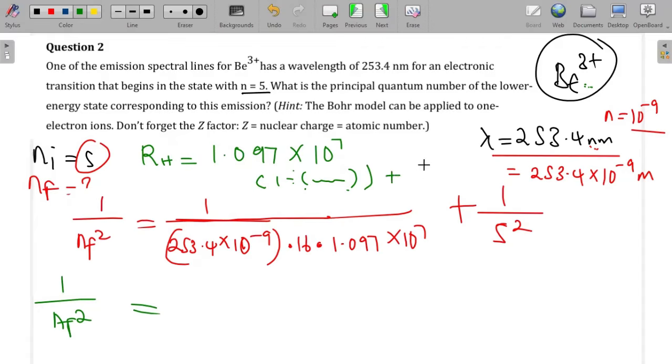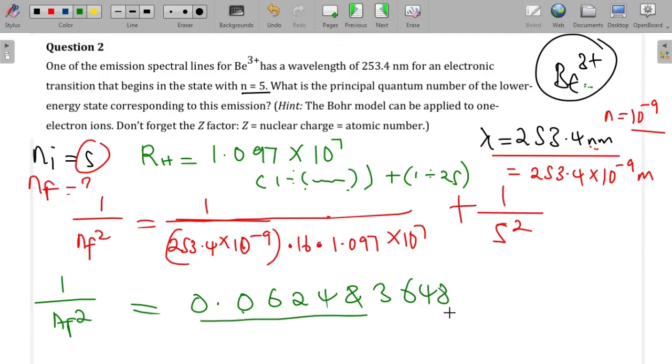Then plus 1 divided by 5 squared, which is 25. I'm getting 0.062483648, and this whole thing is over 1.